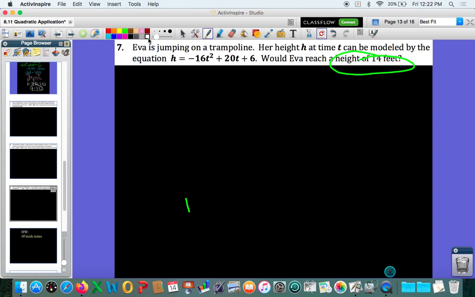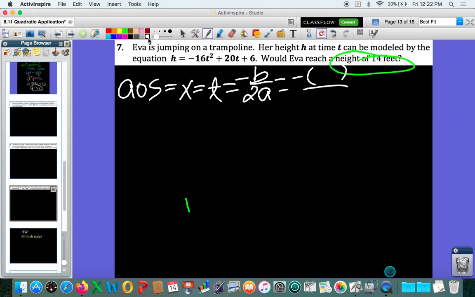That's going to take us to our axis of symmetry, which is going to be equal to x, which is equal to t, equal to negative b over 2a. So I've got negative parentheses, 2 parentheses. Let's make sure we label our a, b, and c. Make sure we don't get tricked like we almost did last time. Here's my equation.